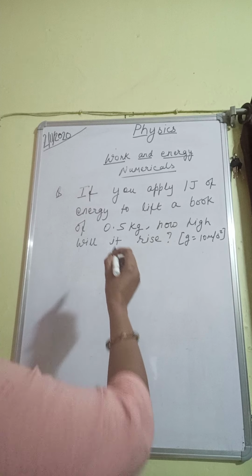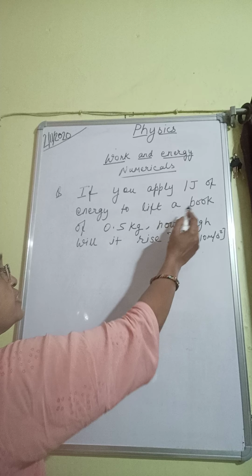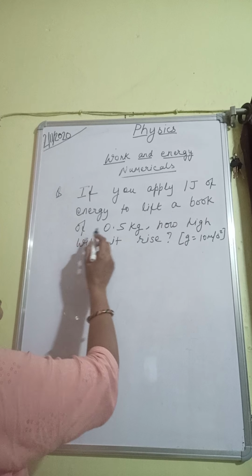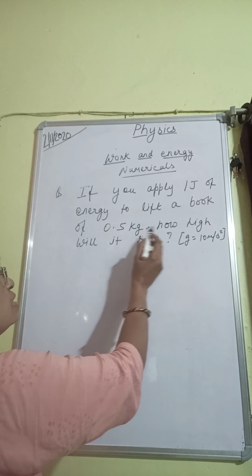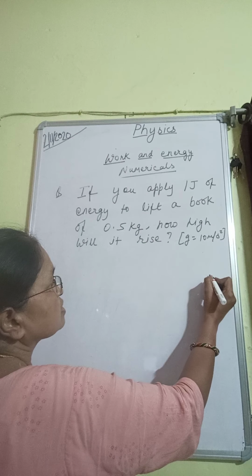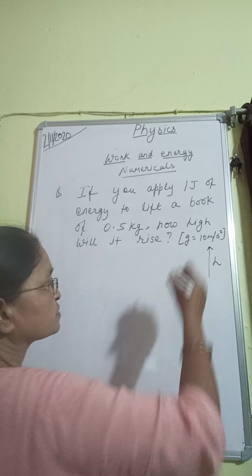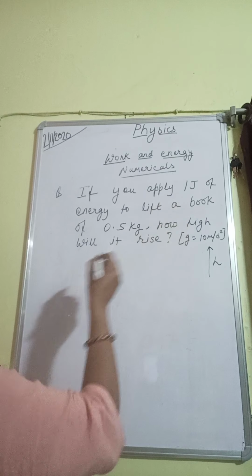See the next question. If you apply 1 joule of energy to lift a book of 0.5 kg, how high will it rise? So we have to find out the height. Let's see what is given.